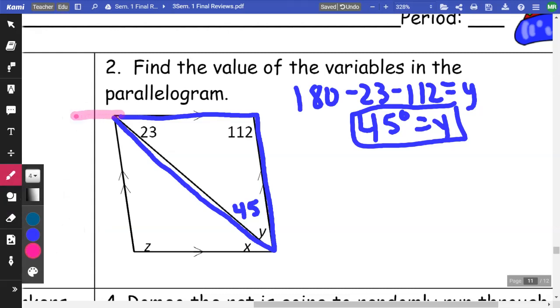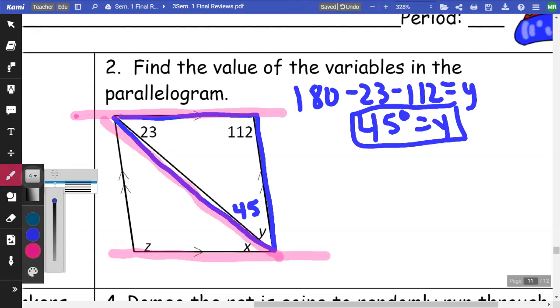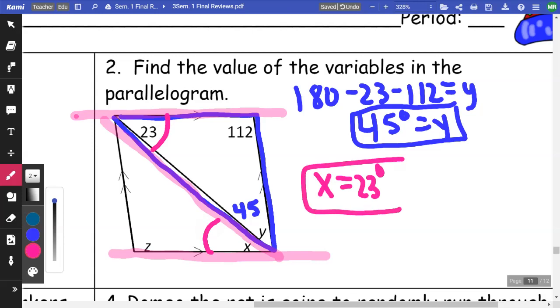So I've got this and this parallel line, and it's cut by this transversal. And so this angle here and this angle here are going to be the same. So x is going to equal 23 degrees, because of alternate interior angles.